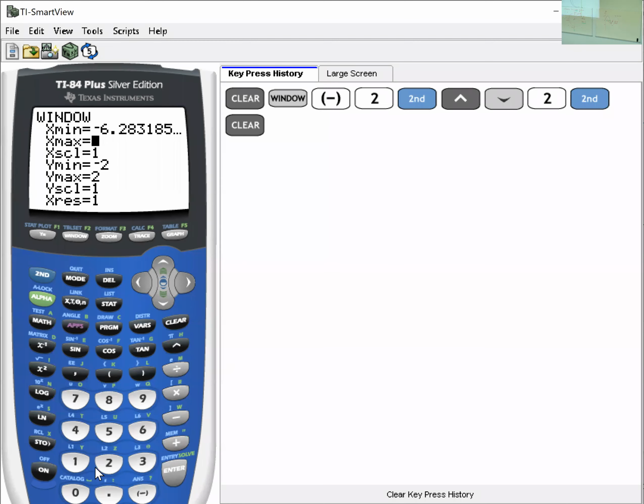Need to worry about the scale. What is the maximum y value that sine will reach? 1, minimum, -1. Sure, I can set it at -2 to 2. You can see things better.